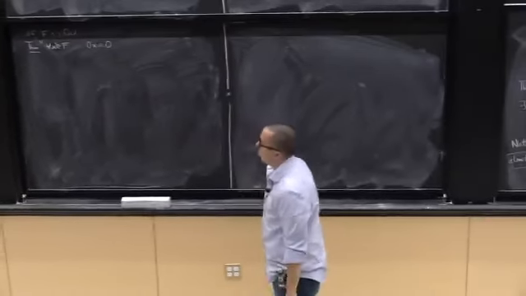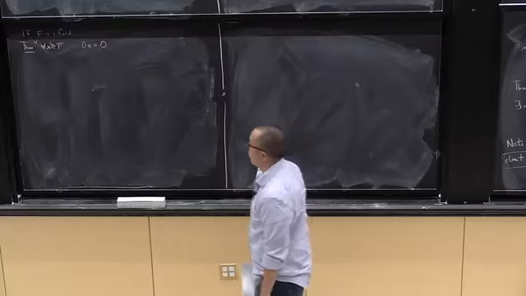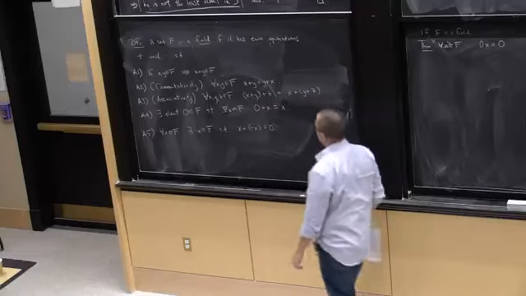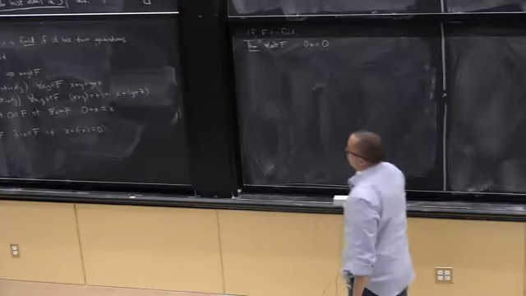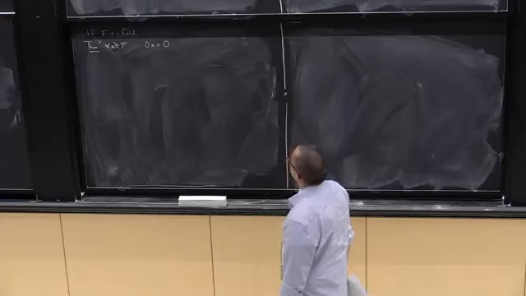Okay? All we know about 0 is that when you add it to x, you get x back. Actually, this is wrong. This should have been x. Okay? Make sure there's no other errors. I don't think there are.